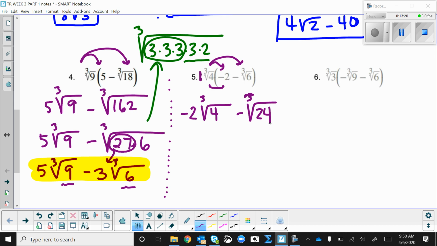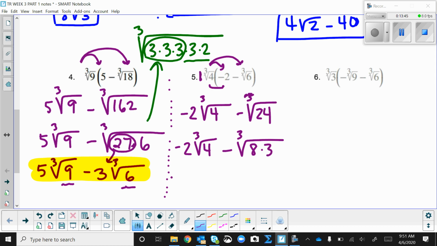So looking at the first term, we cannot simplify that radical. There is no number times itself 3 times that goes into 4. So this just stays how it is. But in the second term, there is a perfect cube in 24, and it is 8.